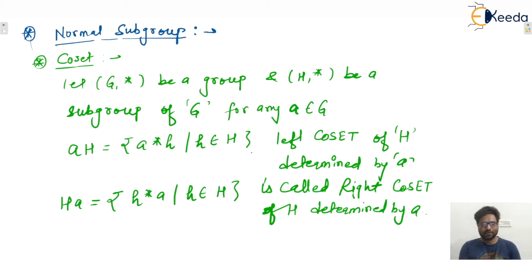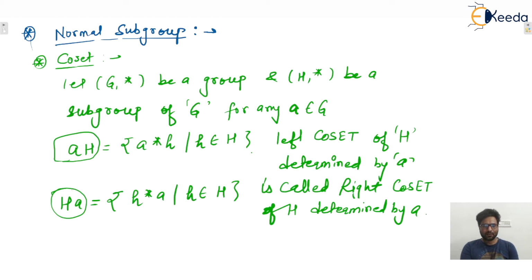So we'll take one example, so no need to worry at all. We can say that a coset could be either a left coset or a right coset. So what is the difference? aH is used to represent the left coset and Ha is used to represent the right coset.